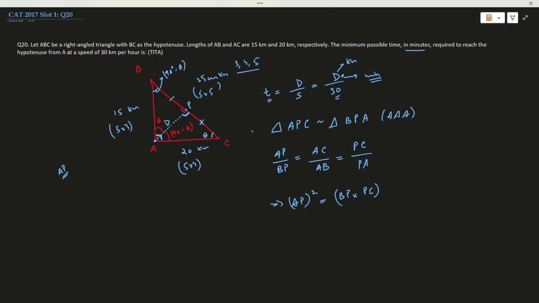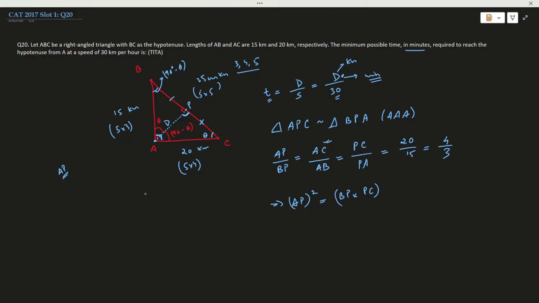Alright guys, also I know AC. What is AC? AC is given as 20. What is AB? AB is given as 15. That means the ratio is 4 by 3. AP by BP is 4 by 3.